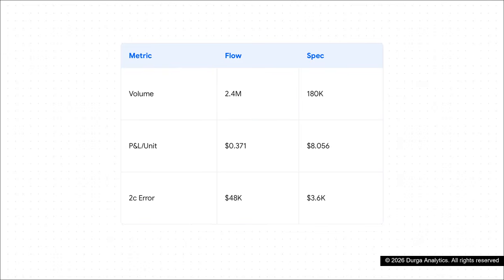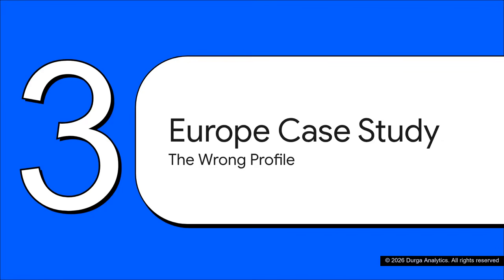That destroys 5.4% of the entire book's P&L. Thin margin businesses are destroyed by small, systematic errors, not large, obvious mistakes. And this is exactly why a flow desk's control density has to shift heavily to the right, deep into the post-trade lifecycle. Moving on to Section 3, Europe case study, the wrong profile.